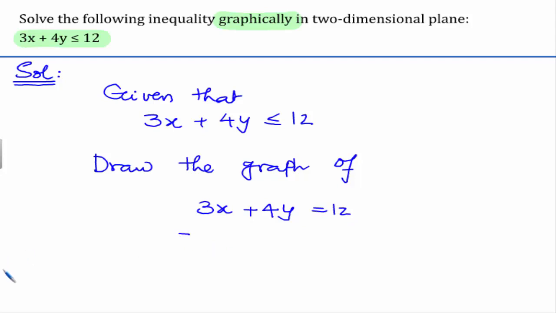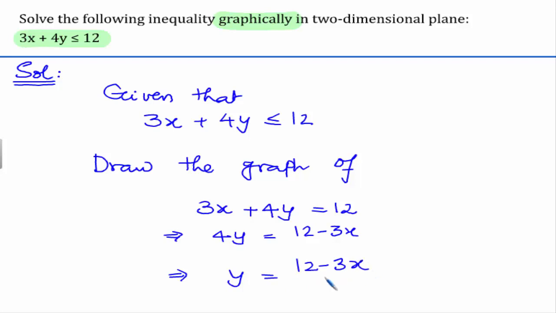So this will be 4y is equal to 12 minus 3x, and y is equal to (12 minus 3x) by 4.